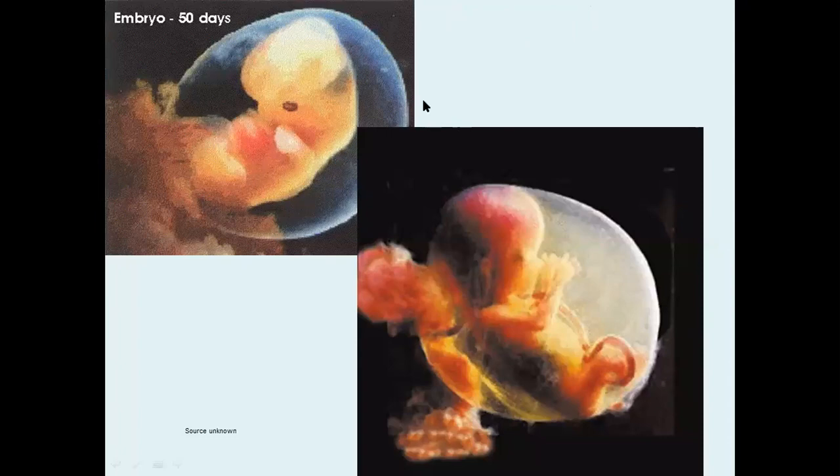So these 2 pictures just show, this one I know is an embryo 50 days old. I don't know how old this one was, but what you can see very clearly is the amniotic sac filled with amniotic fluid. Here you can also see the amniotic sac and the amniotic fluid, but you can also see the umbilical cord here.